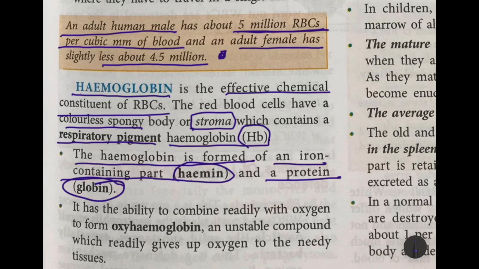Now, hemoglobin can combine very easily or readily with oxygen, and it forms oxyhemoglobin, which is unstable, because the oxygen must be given out wherever it is required, whichever tissue it goes to, whichever cell it goes to. If that cell requires oxygen, the oxygen must be given away.